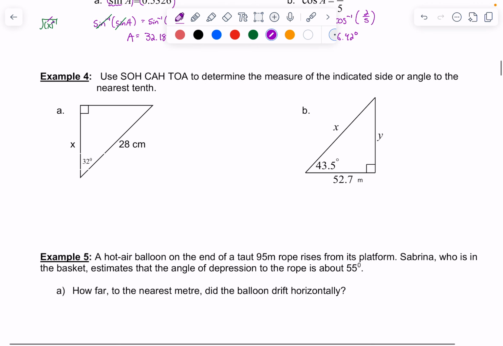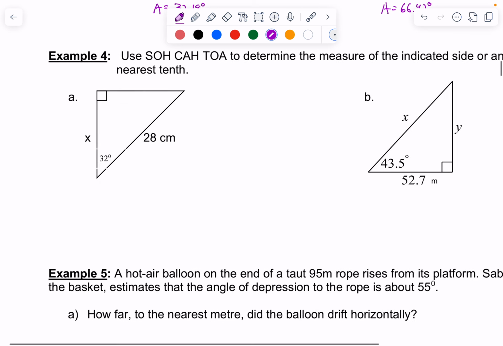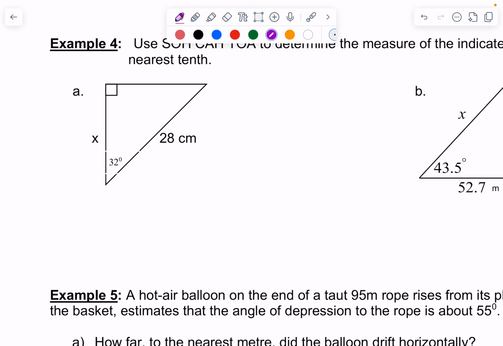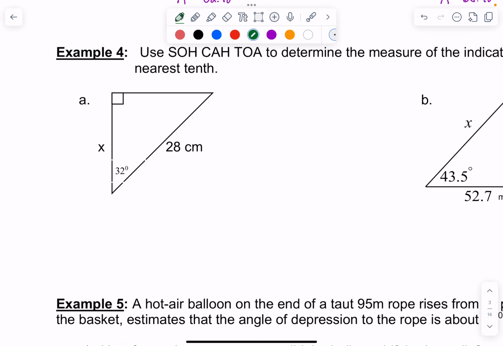All right. Use SOHCAHTOA to determine the measure of the indicated side or angle to the nearest tenth. Let's look at what the problem is asking us to find and what we have given. That will allow us to figure out which SOHCAHTOA ratio we use. I see I have an angle of 32 degrees, and I see there are two side lengths.